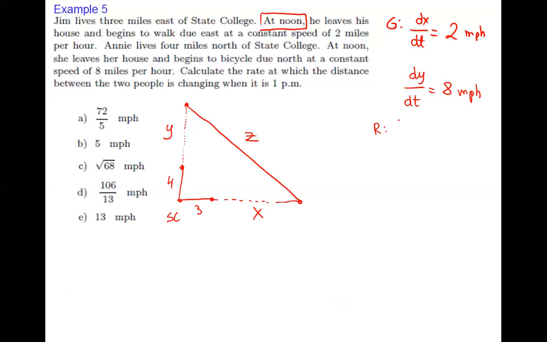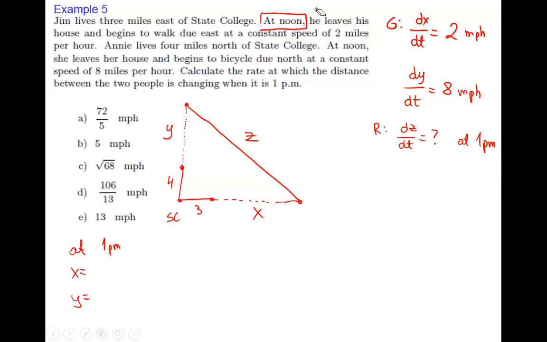Required information is how distance Z is changing with respect to time at 1 p.m. That means we can calculate at 1 p.m. But at 1 p.m., I can calculate the distance X and the distance Y, and possibly distance Z.